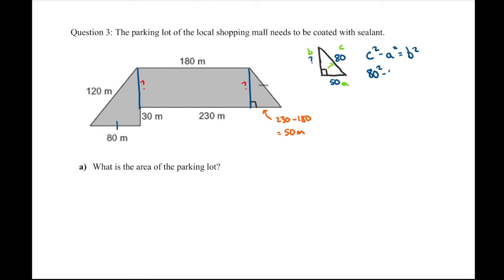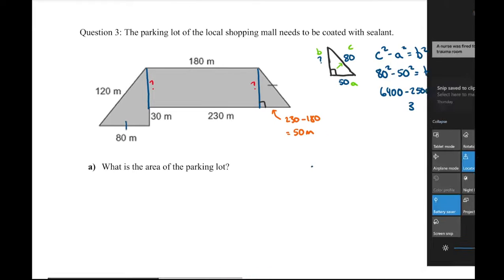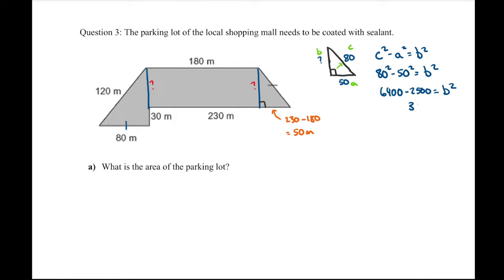So let's plug our numbers in. 80 squared minus 50 squared equals b squared. Again, you could probably enter 80 squared minus 50 squared into your calculator and get an answer. I'm going to break it down, because depending on the calculator that you have, you might have to break it down. And if you do, I just want to make sure we're all on the same page. So 6,400 minus 2,500, we get 3,900 equals b squared.